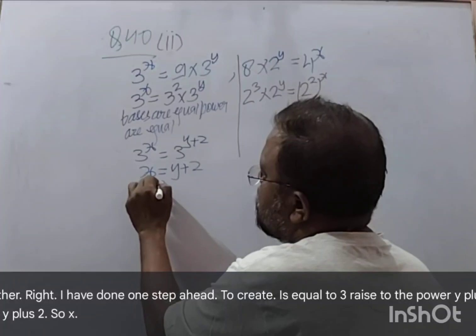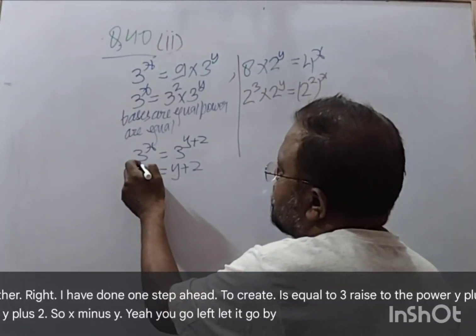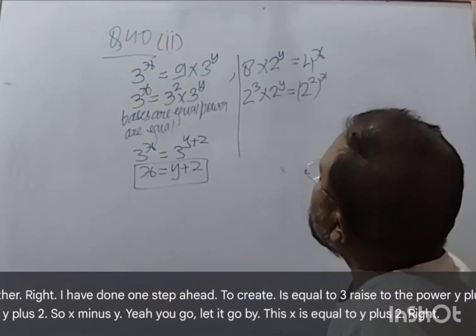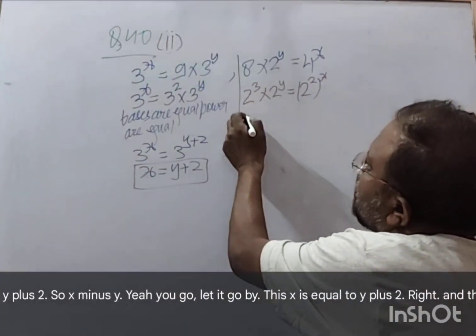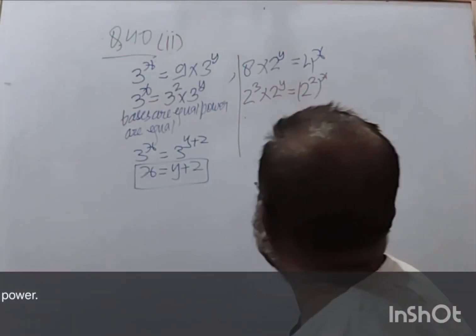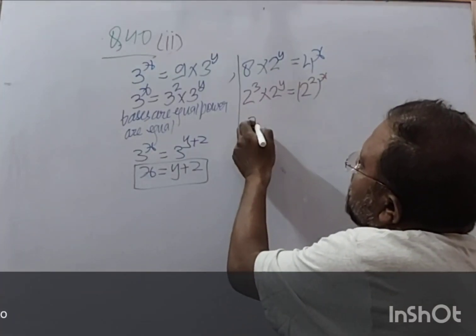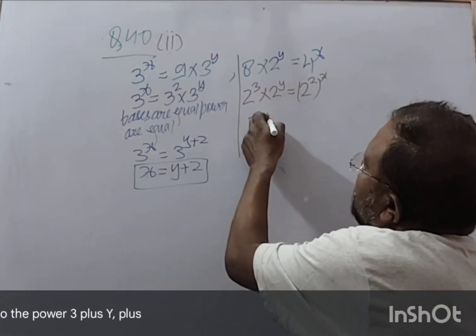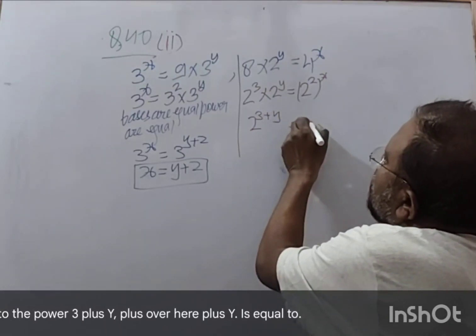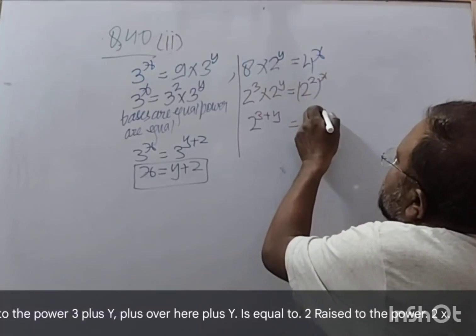X is equal to y plus 2, right? And then we have 2 raised to the power 3 plus y is equal to 2 raised to the power 2x.